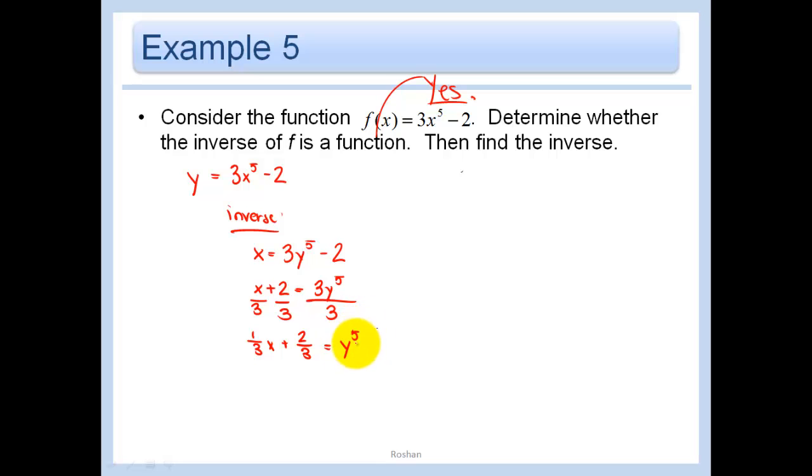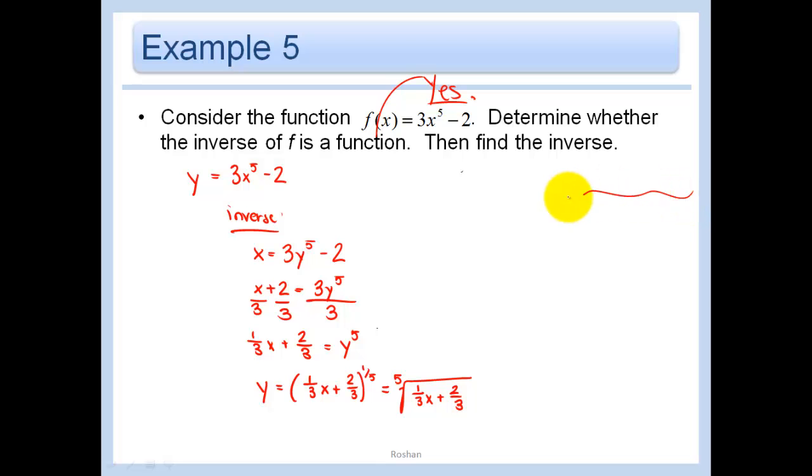To undo a 5th power, I do the 1/5 power of both sides. So we get y equals (1/3 x plus 2/3) to the 1/5, also known as the 5th root of 1/3 x plus 2/3. Remember that because this is an odd power, I don't need that plus or minus, and that is the reason why the inverse is a function.